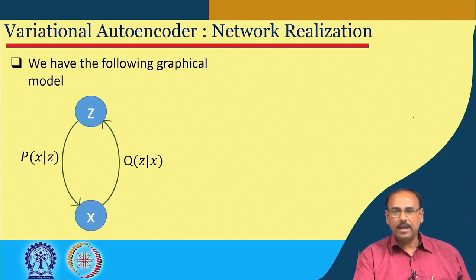There is a probability distribution involved, P(X|Z): given Z, I want to maximize the likelihood P(X|Z). Similarly, to get the latent vectors from the training data, I have another probability distribution involved, which is Q(Z|X).